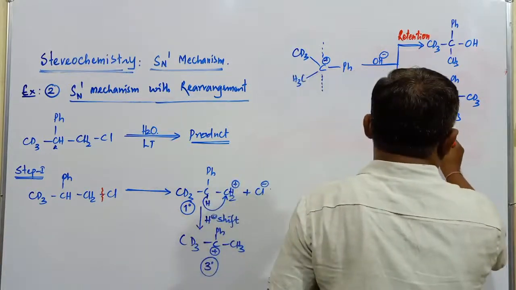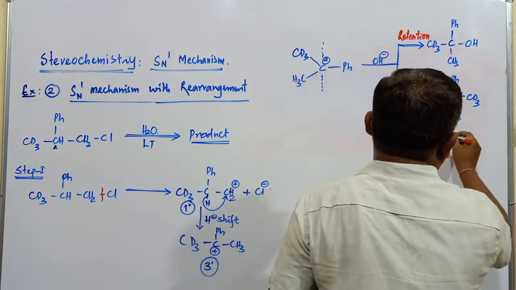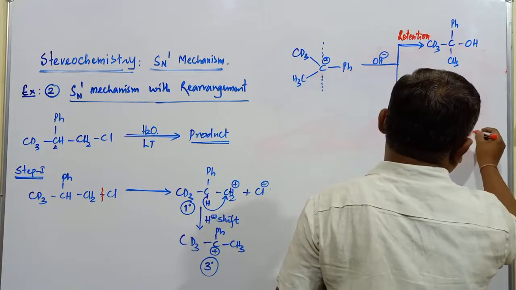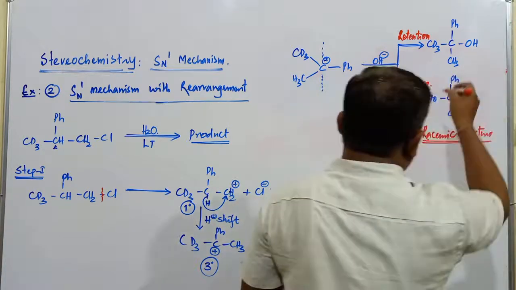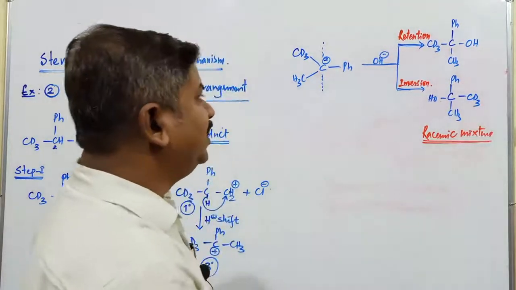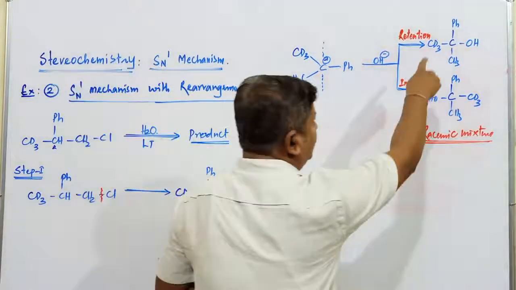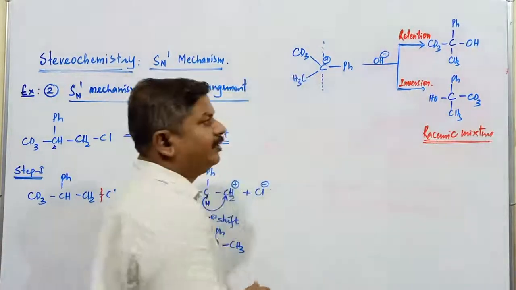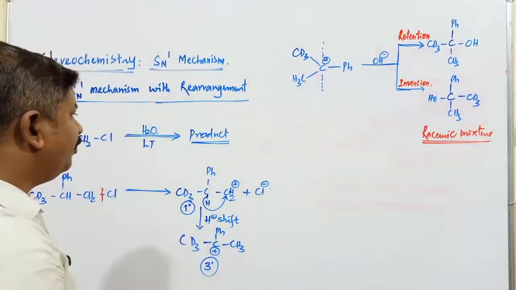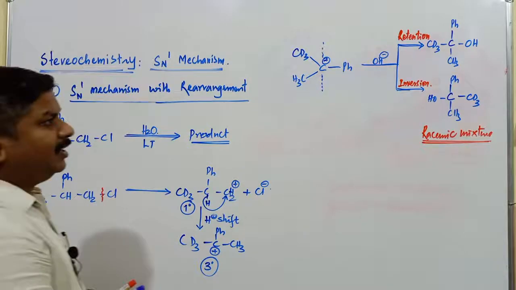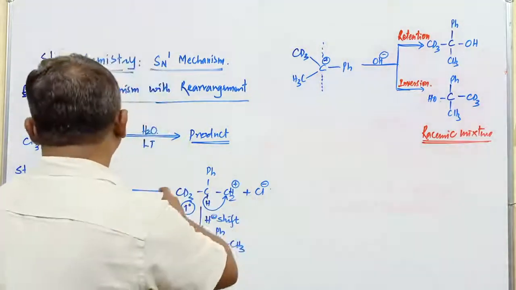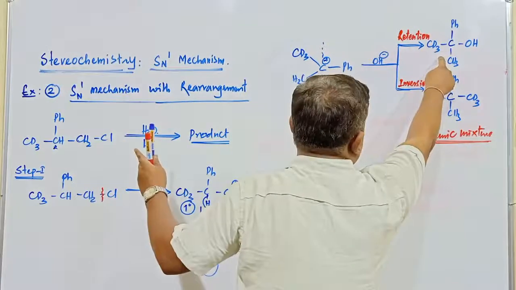Now this mixture is referred to as a racemic mixture. It is a mixture of one retention of configuration and another inversion of configuration. So these two products form what? A racemic mixture. If you observe the stereochemistry, that is S isomer and R isomer, here if this is the S isomer, it gets converted into the same S, it is called retention.